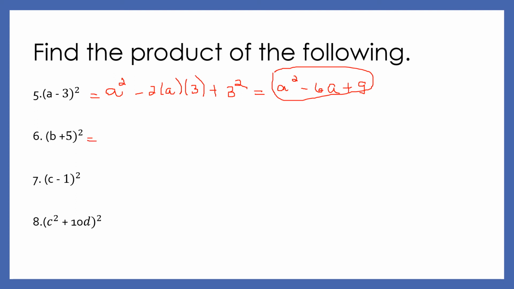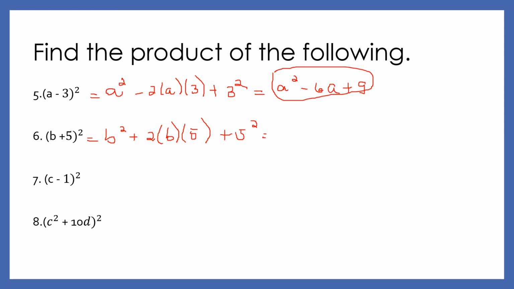Next, b squared plus 2 times b times 5. Then square the last term, which is 5 squared.